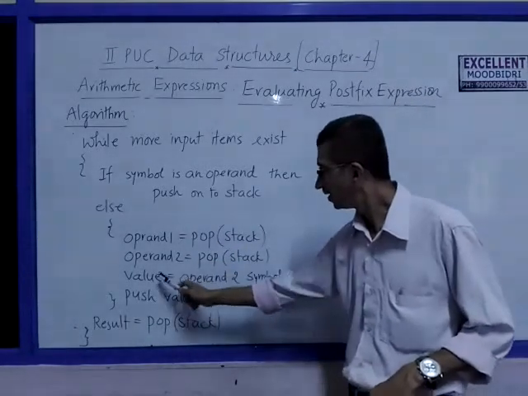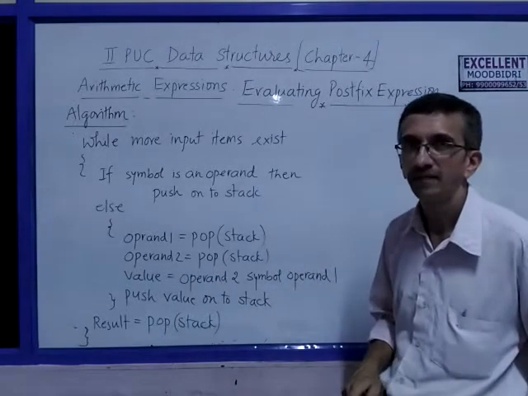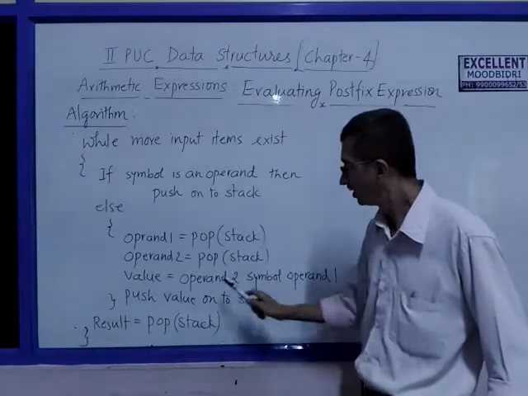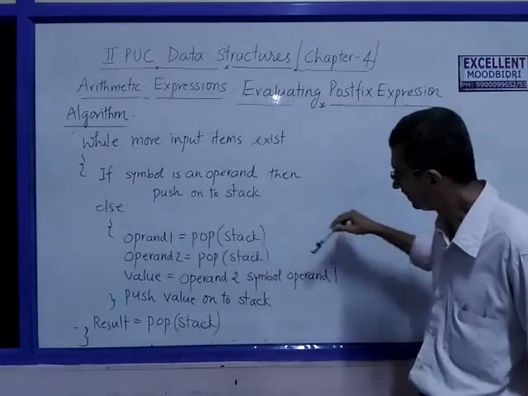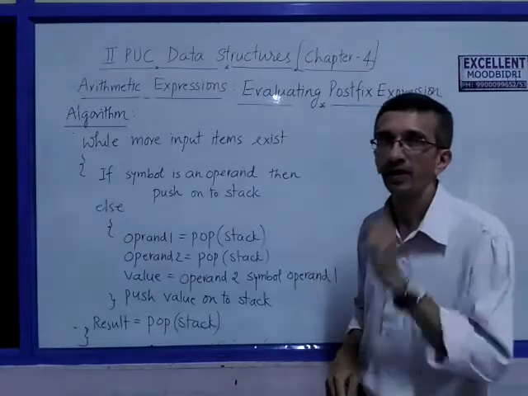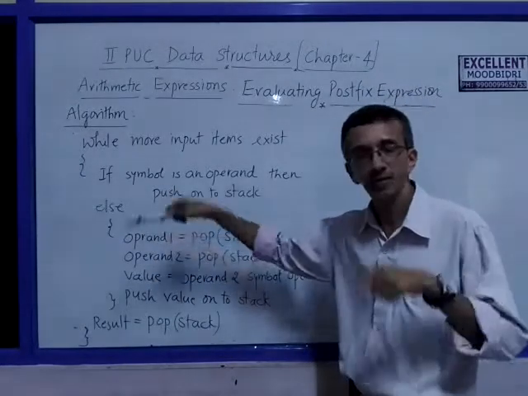Then the value is obtained by doing the operation given by that symbol, right? Whatever the symbol is, we take that symbol to operate on these two operands, like this: operand 2, symbol, operand 1. For example, if plus is the operator we are getting, if it is not an operand, it must be an operator.